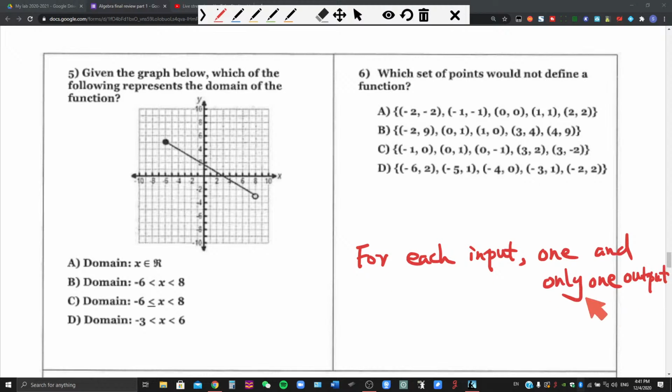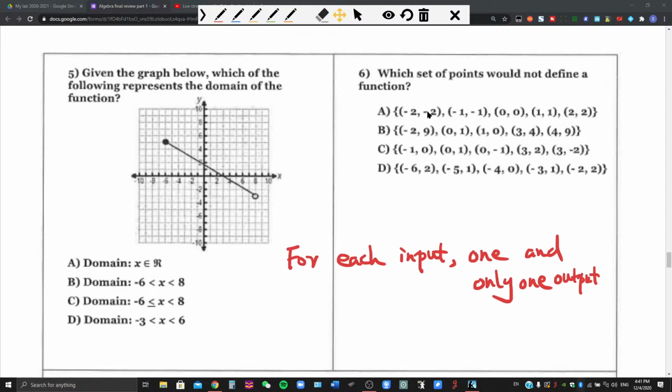Okay, and that's the rule. In those pairs of numbers, the first one is the input, the second one is the output, or we can say for each x, there's one and only one y.